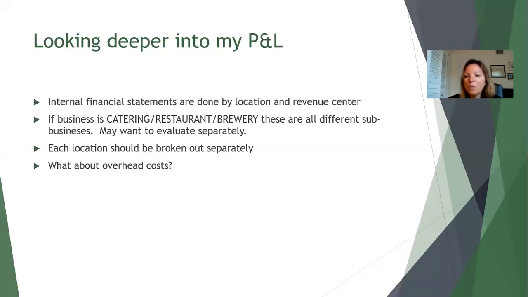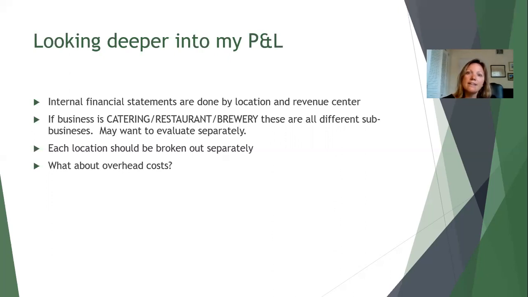So if you're using QuickBooks, it can let you do classes, and that's a great way because you can then see, this is my catering versus my restaurant versus my brewery, or location 1 versus location 2. It just helps because then you can really see the ultimate cost.